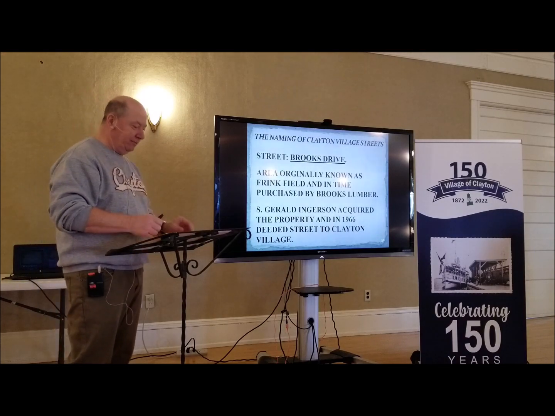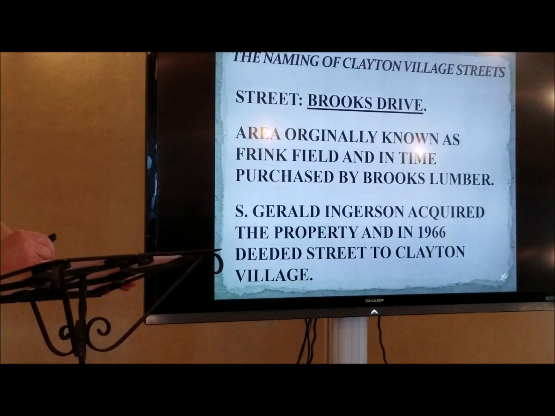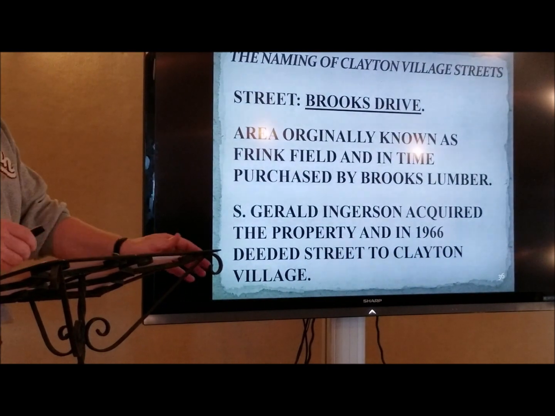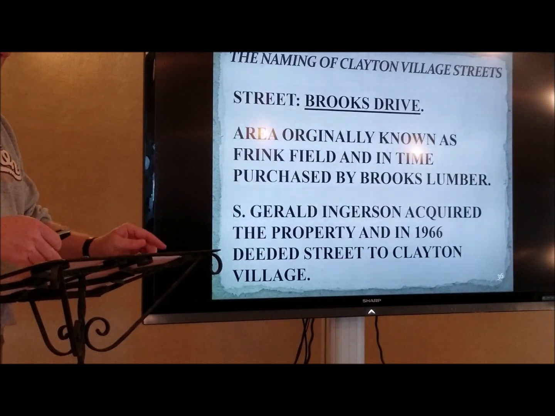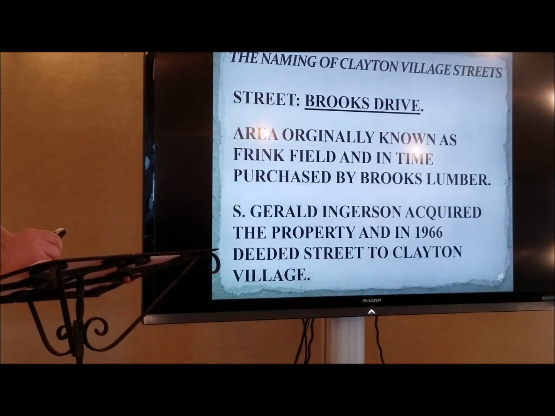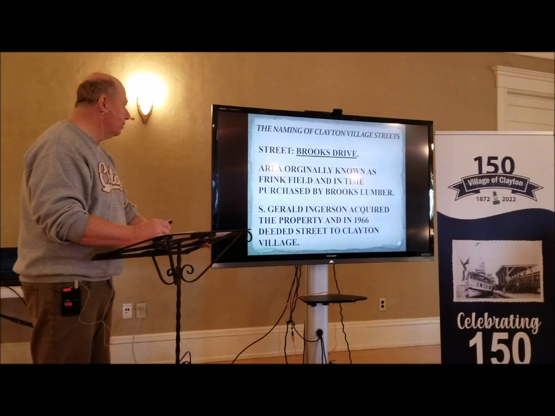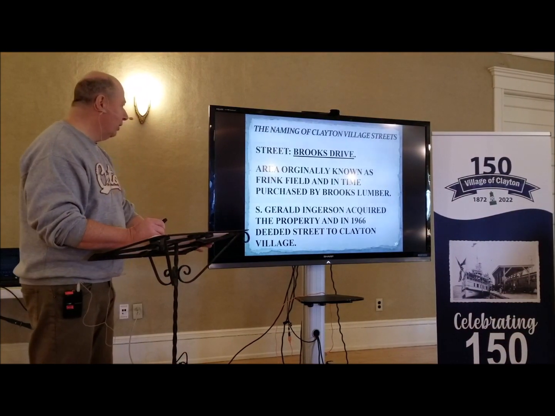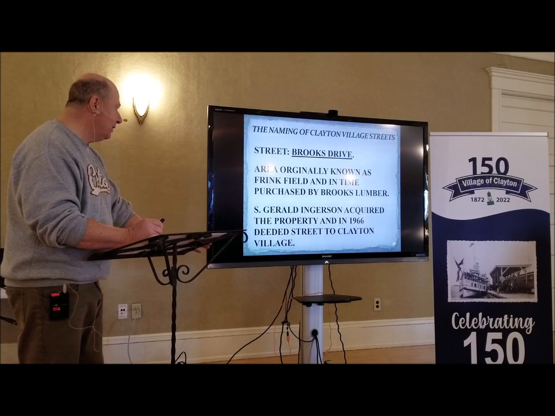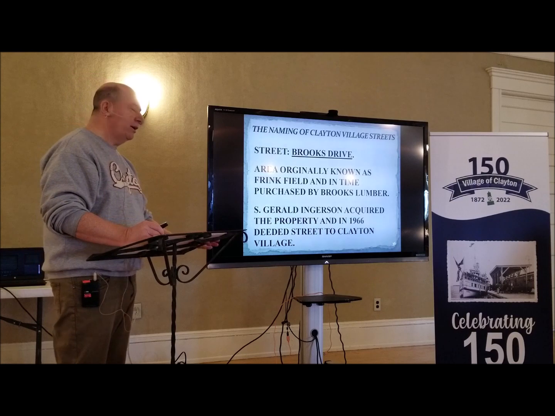Brooks Drive. All right. So, did you know that it was originally known as Frank Field? Has anyone heard that before? So, Norm Wagner, I think, mentioned that in his talk. It was that area where Brooks Drive was purchased by Brooks Lumber. S. Stanley Gerald Ingerson acquired the property in 1966. He probably acquired it a little bit before, but he deeded the street to the Clayton Village.